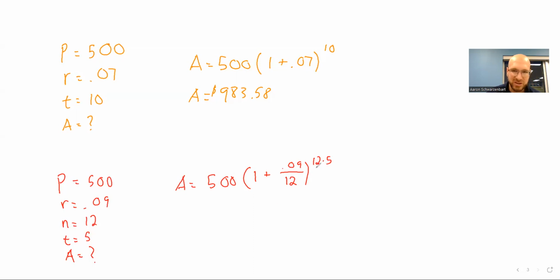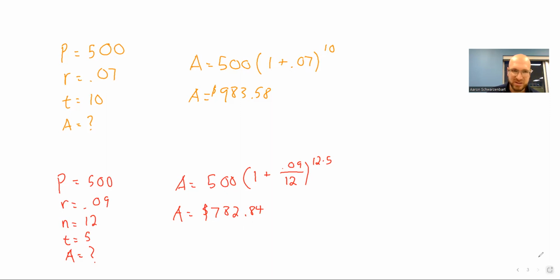So the 12 is in both spots. They're always the same. And his amount is 782.84. So his only having it for 5 years hurt how much he had. He had less than Quan Lee, even though he had a better interest rate and compounded monthly.